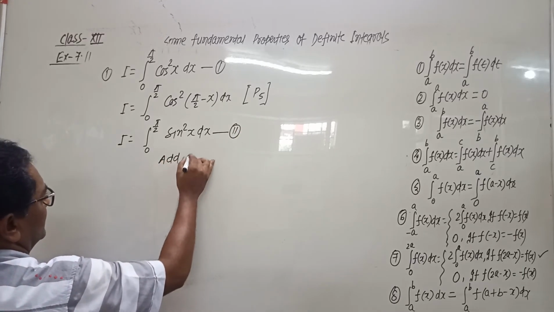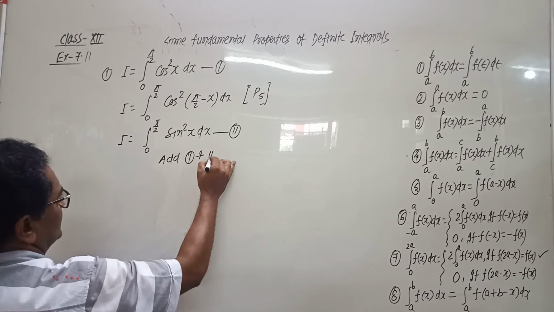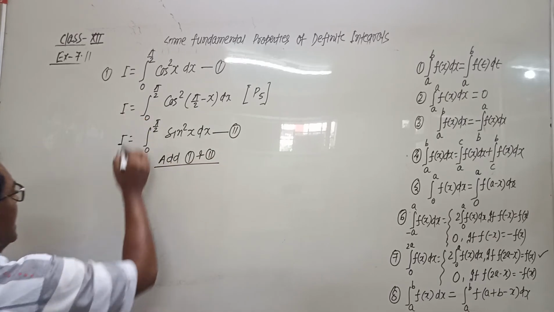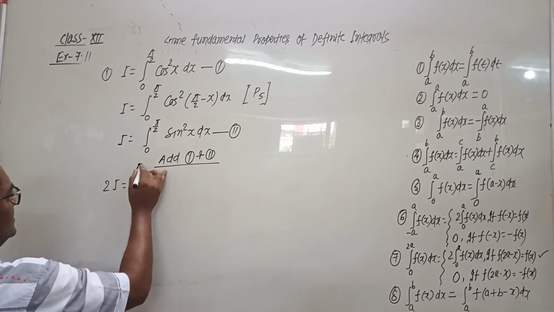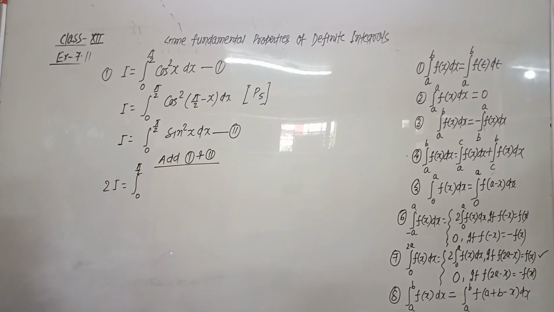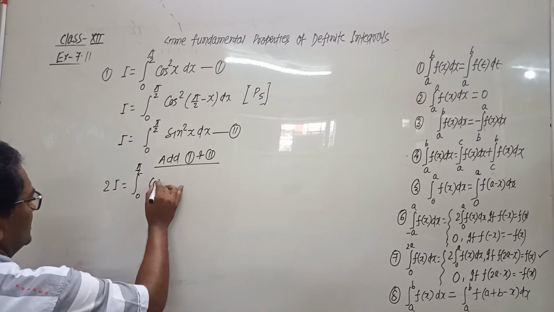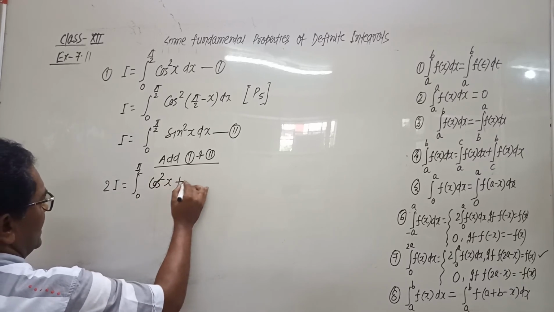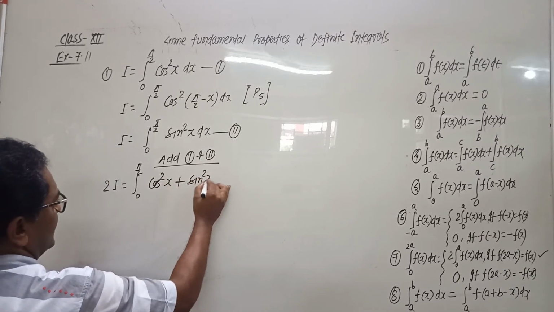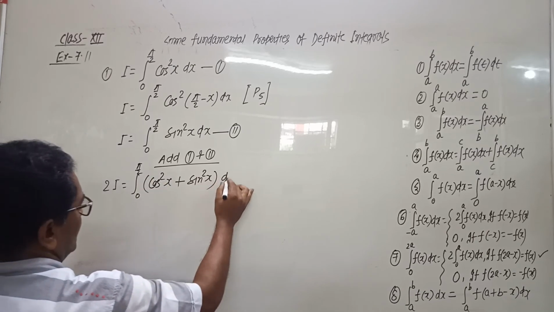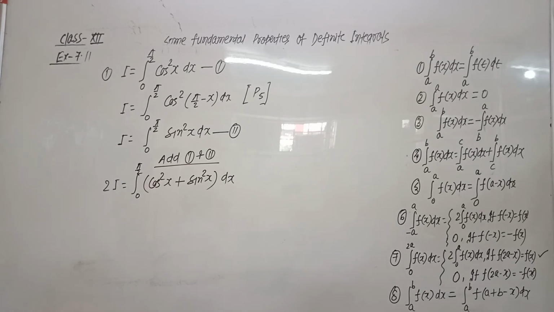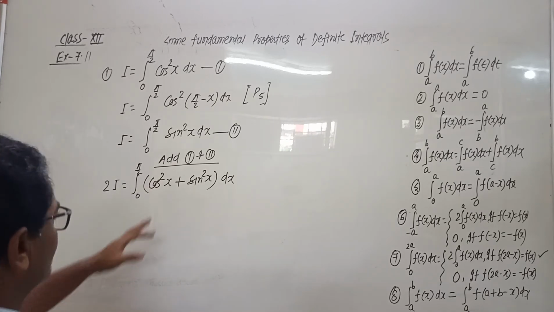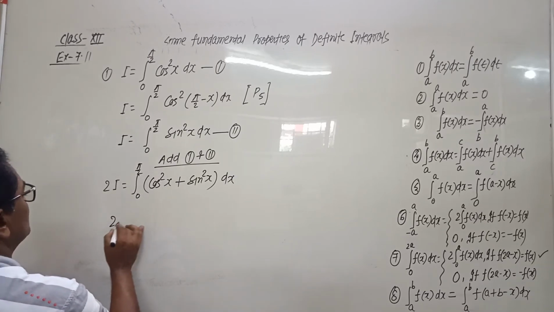Now add first and second. So we get I plus I equals 2I, integration 0 to pi by 2. The RHS of the first equation is cos square x and the RHS of the second equation is sin square x, dx. And we know the identity cos square theta plus sin square theta equals 1. So cos square x plus sin square x becomes 1.